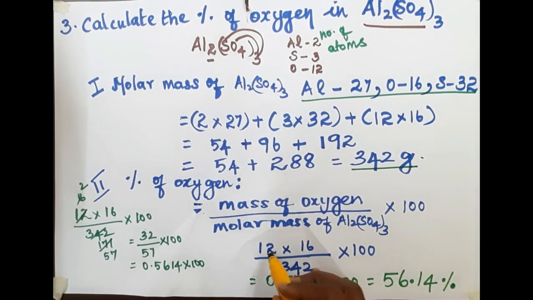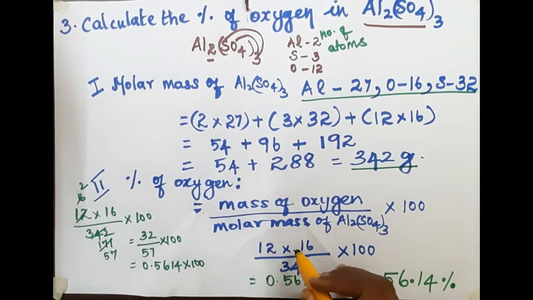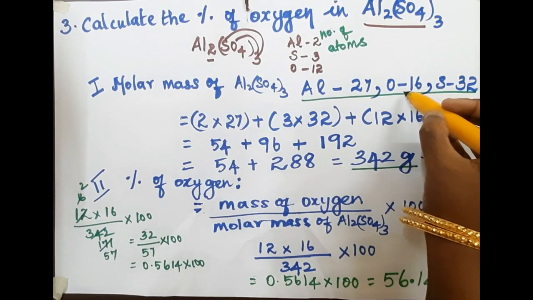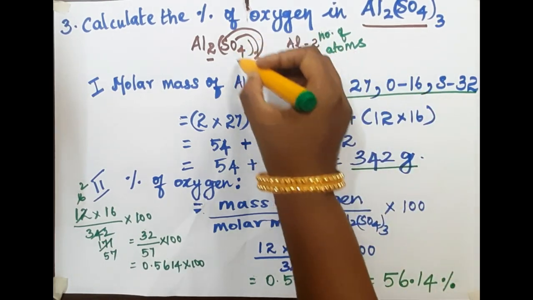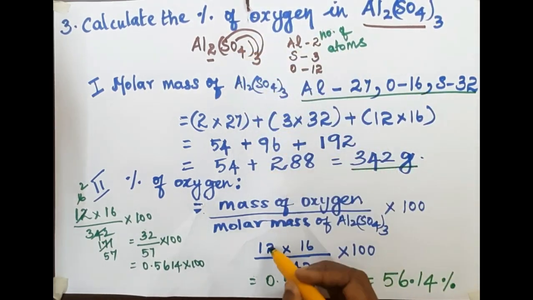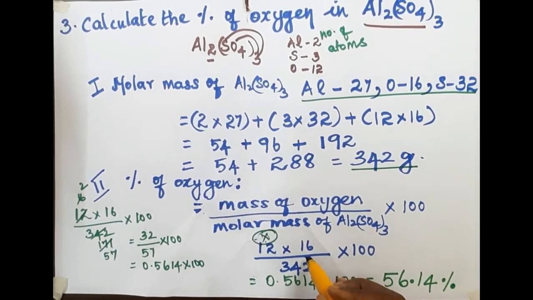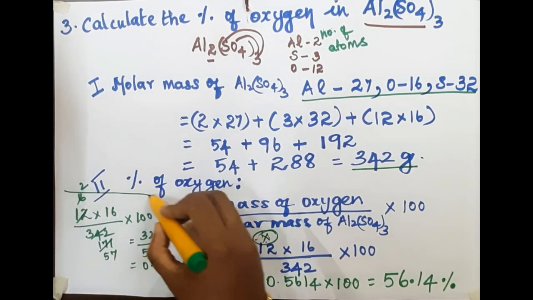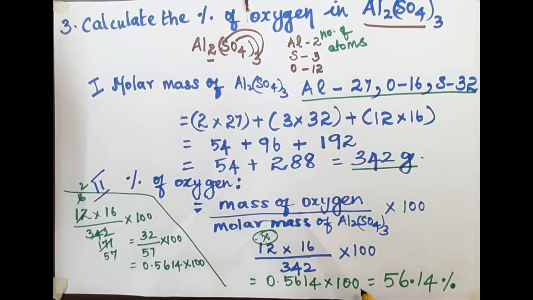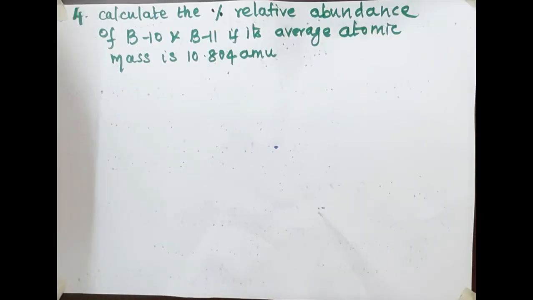Don't get confused children. Don't forget to put 12 here, because mass of oxygen is actually 16, but here we have 12 atoms. This 12 is very important. So 12 into 16 divided by 342 into 100, and I have shown the rough calculation here. On doing it, the answer is 56.14.